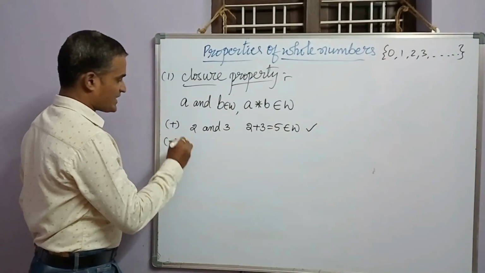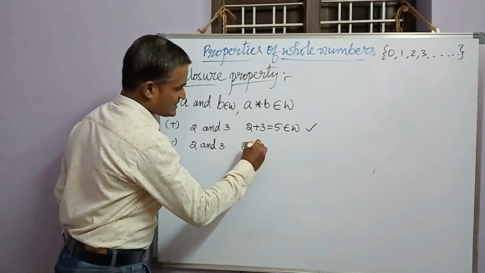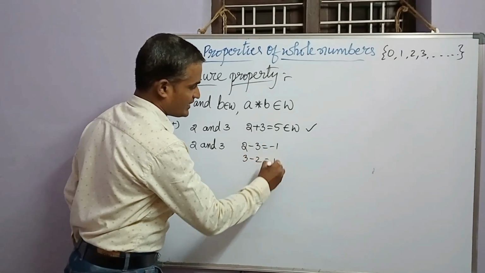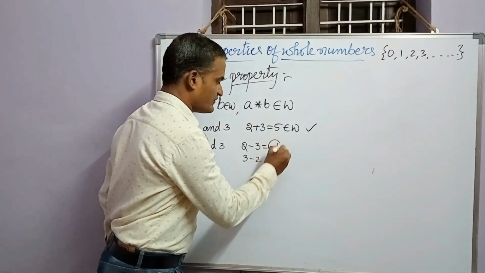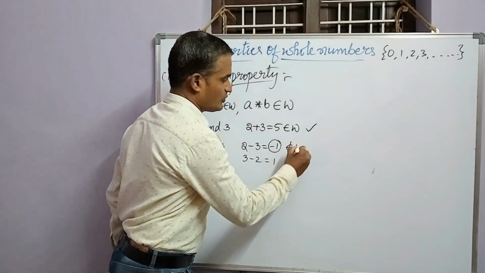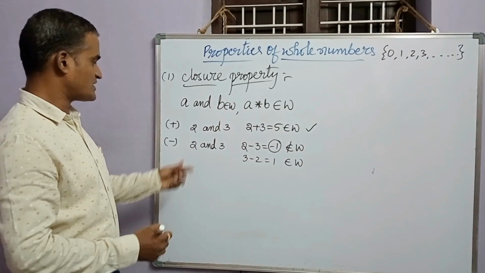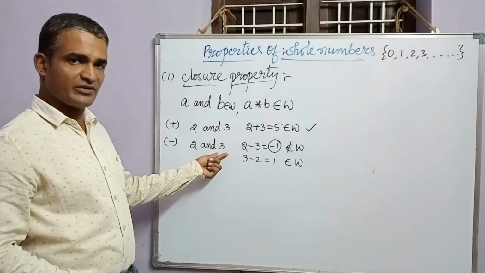Next, under subtraction, if you take 2 and 3, 2 minus 3 will give minus 1, but 3 minus 2 gives 1. Here 2 minus 3 gives a negative number, which does not belong to whole numbers.